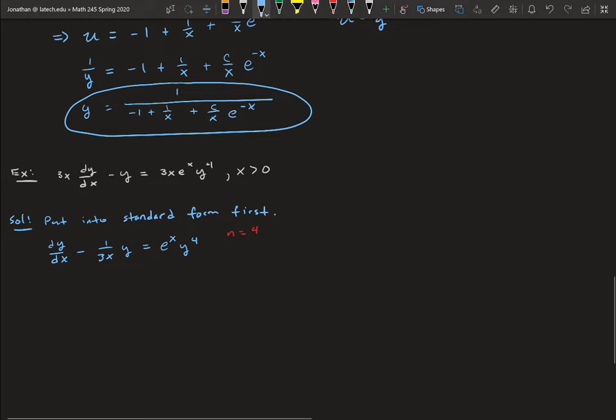So we're going to make the substitution u equals y to the 1 minus 4, which is y to the -3. So that's our substitution, u equals y to the -3. Now, what is our 1 minus n? 1 minus n is equal to -3. So then the Bernoulli differential equation is going to be du/dx minus negative 3 times 1 over 3x u equals negative 3 e to the x.